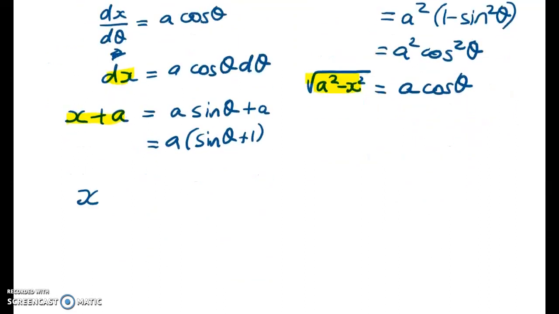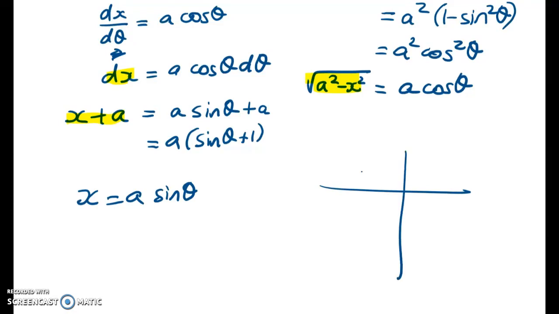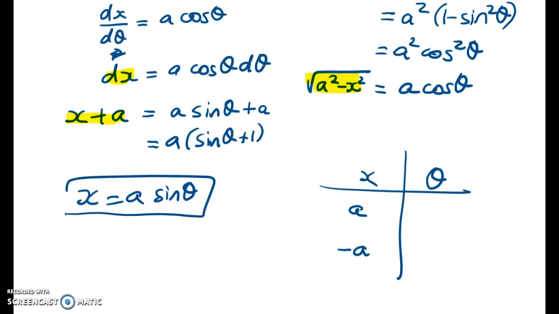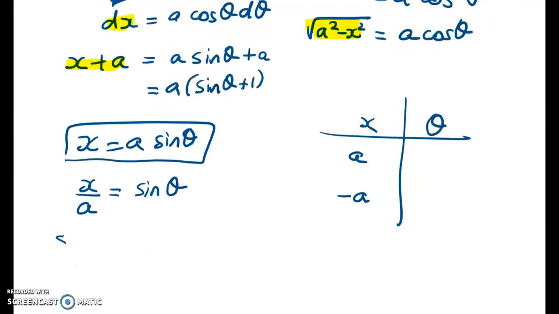Now the next step is to look at these limits. We've got x equals a sine theta, and our current limits are from a to negative a. We want to change everything over to working with our variable being theta. So we need an expression for theta. x over a is equal to sine theta, and we take sine inverse of both sides.